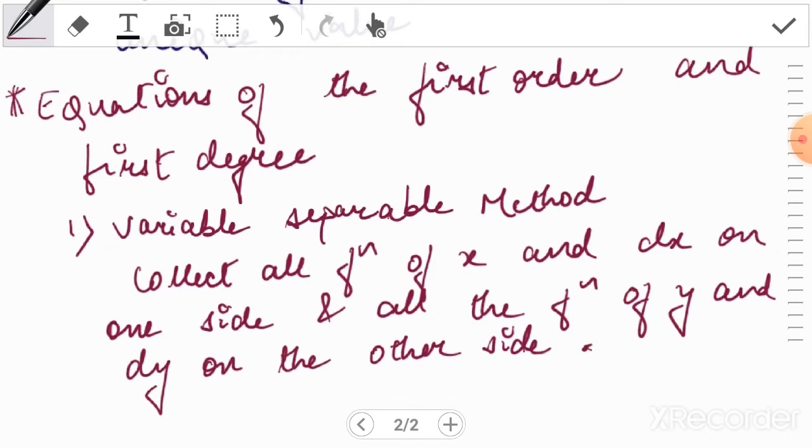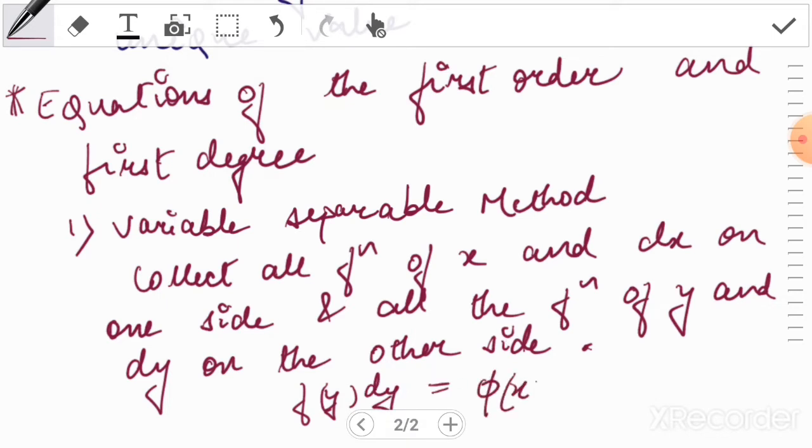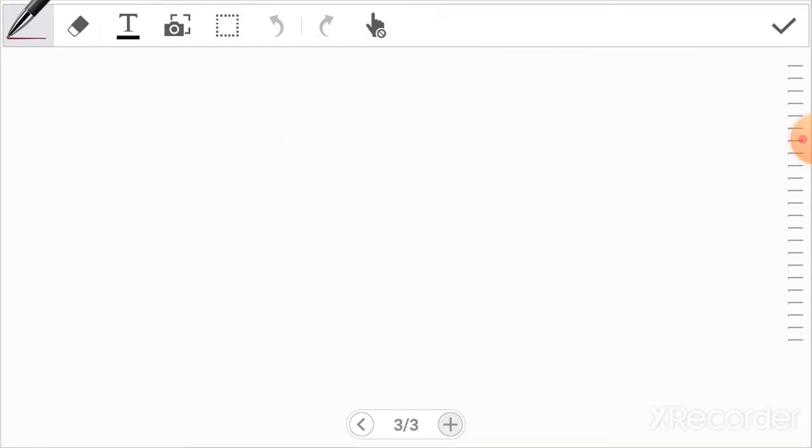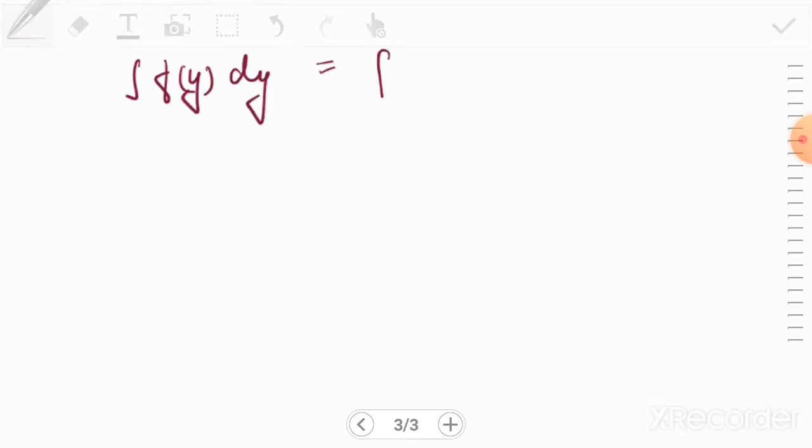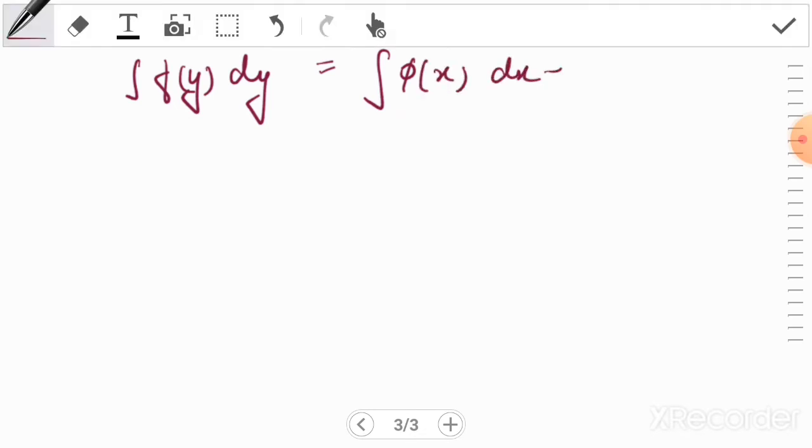Thus the general form of the equation is f(y) dy is equal to phi(x) dx. Now integrating both sides, we get integral f(y) dy is equal to integral phi(x) dx plus c. So this is the solution.